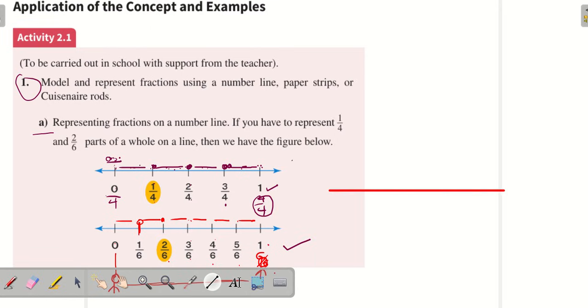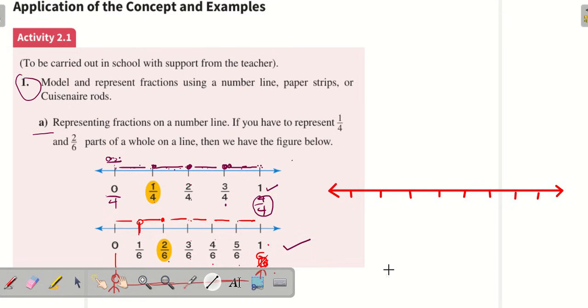Let's say we have our number line. Let me divide this number line into some parts: 1, 2, 3, 4, 5, 6, 7, 8.